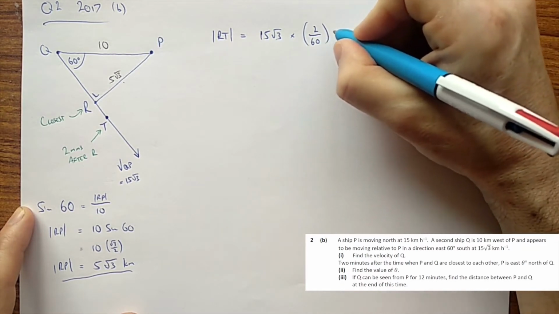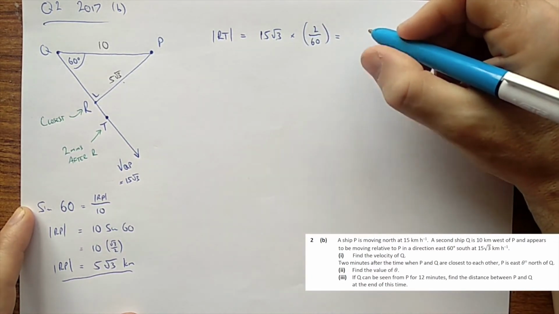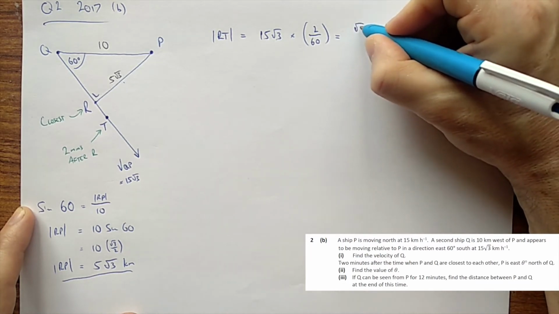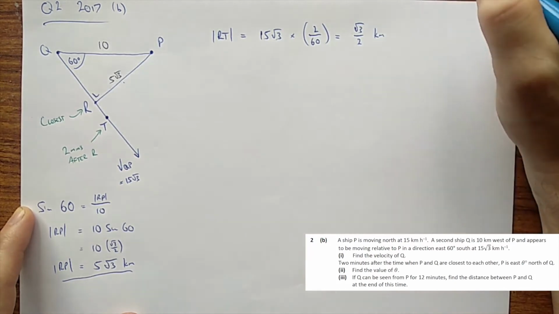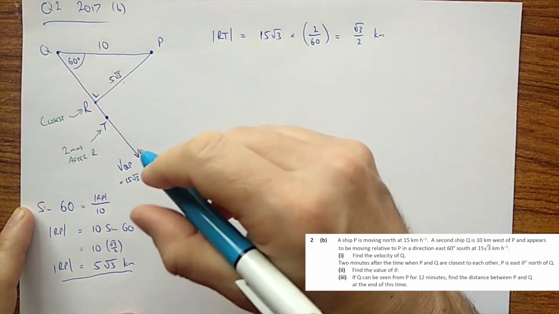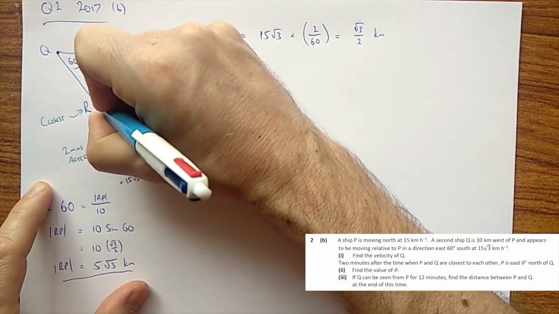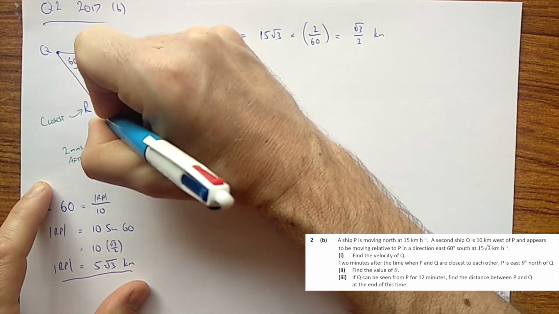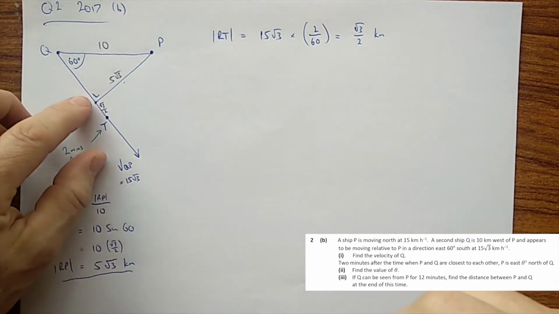So we work all that out. Okay, and this is going to come out to root 3 over 2 kilometers. So pop this in here, root 3 over 2. Grand, so now we know how far that is.